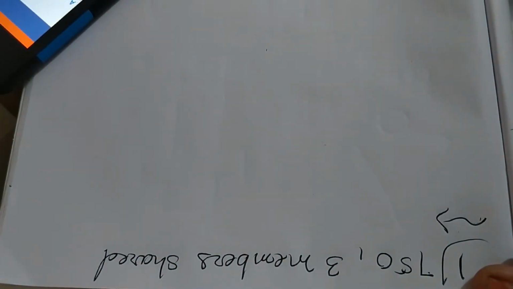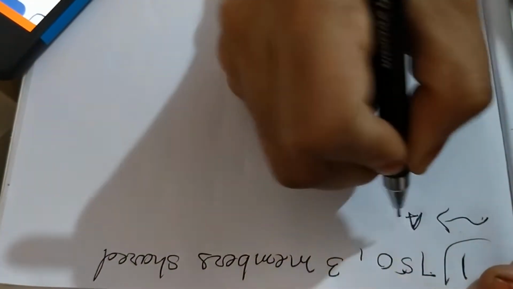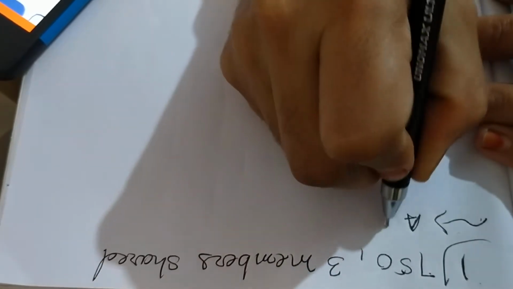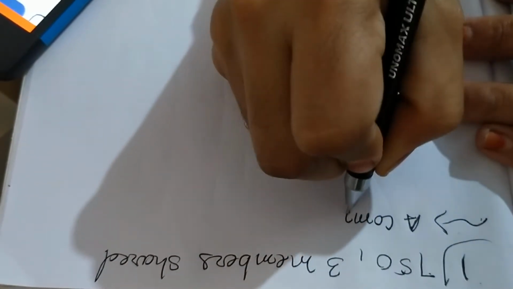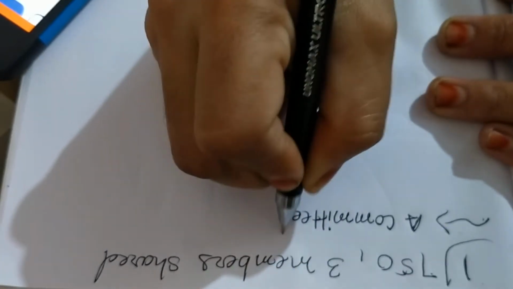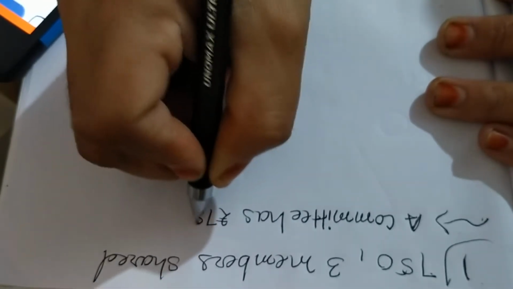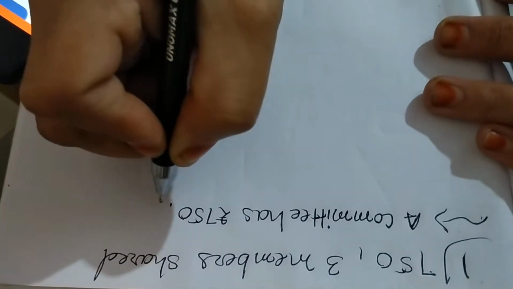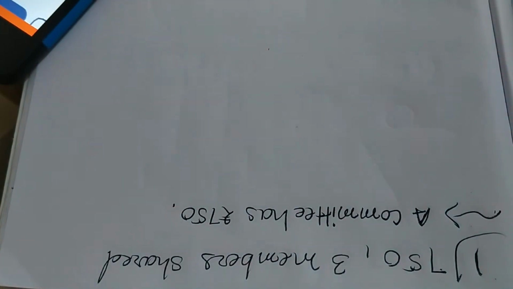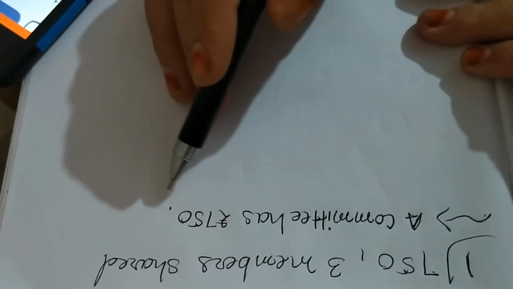Now students, we have 750 rupees. So here we have to write: A committee has 750 rupees.